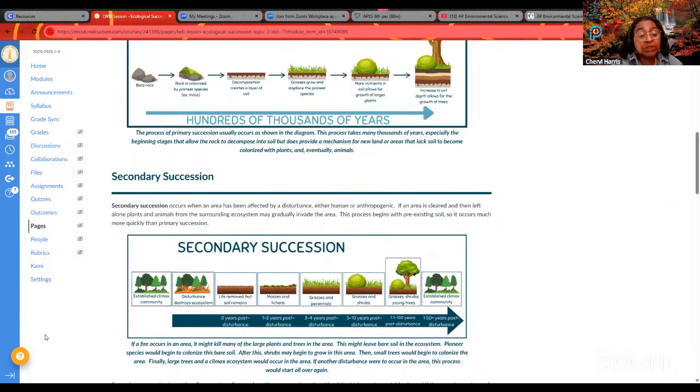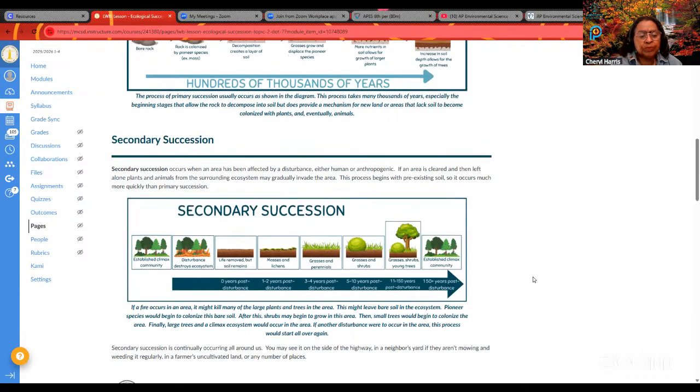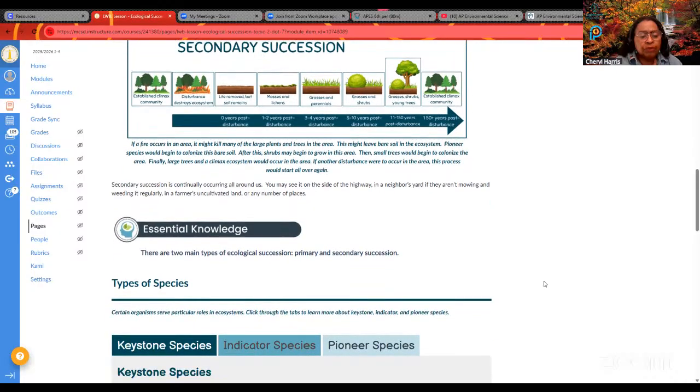So something disturbed the ecosystem to wipe it out, but it doesn't wipe out the soil that is already there. So things can start growing faster. They still have to start from scratch and grow back all over again, but they don't have to create the soil. The soil is already there. So this happens faster.